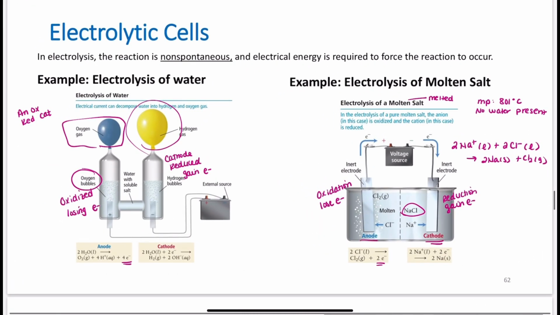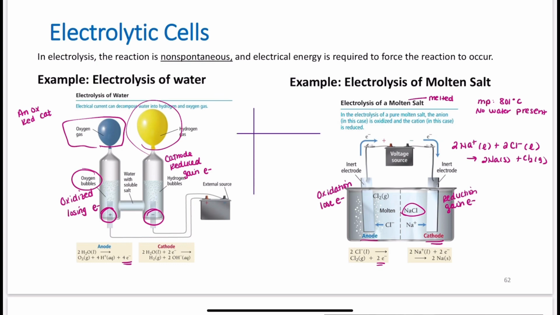As a reminder, here's a little trick to remember what's positive and what's negative. Notice here that my anode is positive now, and my cathode is negative. Our little chart will help. A and C for anode and cathode, E and V for electrolytic and voltaic.